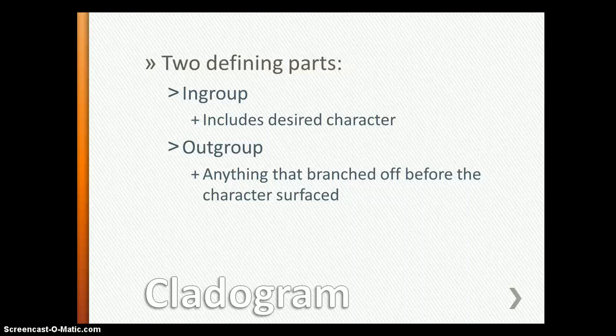Then the in group would have every animal that is currently alive, obviously, that has hair through the phylogenetic tree. However, the out group branches off before the character really surfaces. So I mean, a certain type of fish maybe, or a turtle. I don't know. They would be in the out group, for example.